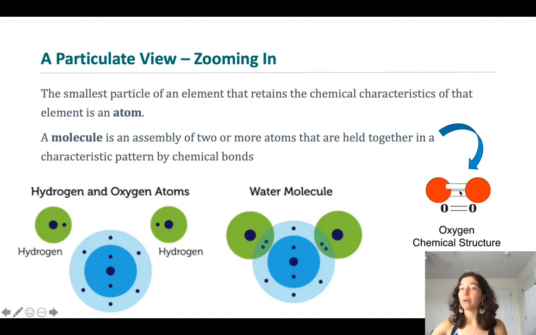It is a molecule, but not a compound, because it only has one type of atom inside of it. It is an element, but not a compound. Okay, so this has two atoms inside of it. It's an element. It is a substance. It is a molecule, but it is not a compound. The compound has to have more than one type of element inside of it for it to be classified as such.